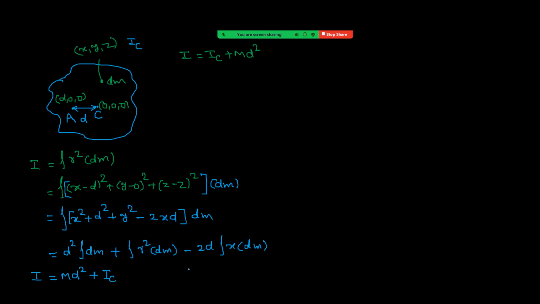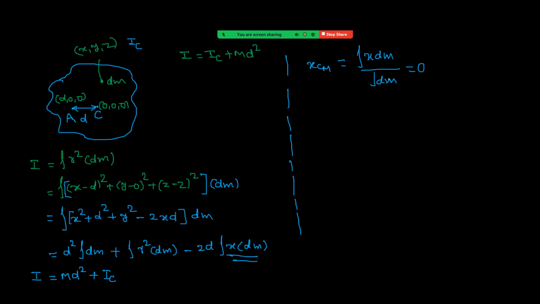Okay. Next, coming to this part, see carefully. While discussing center of mass, we have discussed that xm is equal to integration of x dm upon integration of dm. And we have taken center of mass at origin. That means xm value is 0.